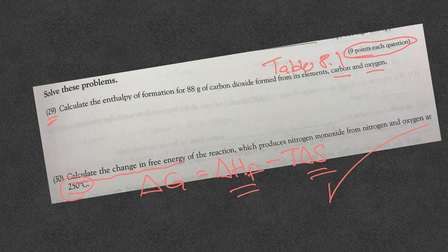So you're going to figure out the enthalpy of formation for 88 grams of carbon dioxide. Now, what if they said, find the enthalpy of formation for 1 mole of carbon dioxide? Well, that would be a piece of cake. All you're doing is looking it up on the chart. You just write down the number for 1 mole.